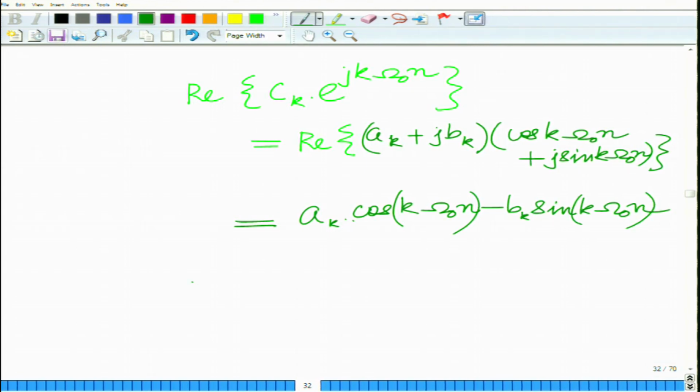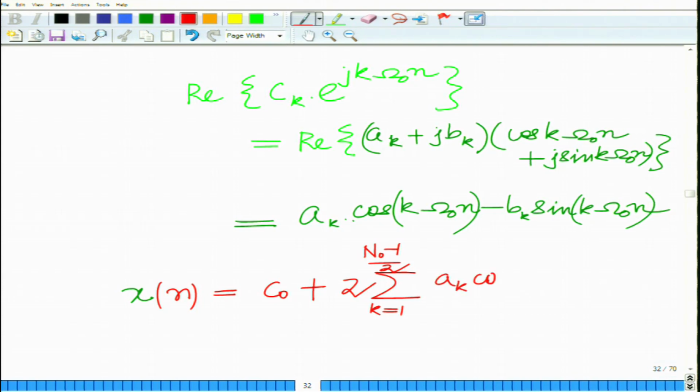And therefore, substituting this, now you have x n, the trigonometric discrete Fourier series, obtained as C naught plus twice summation k equals 1 to N naught minus 1 by 2 of a k cosine k omega naught n minus b k sine k omega naught n.